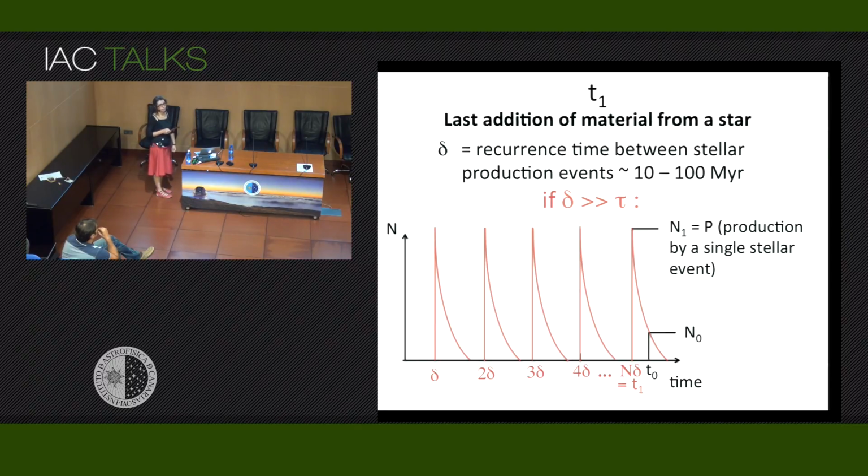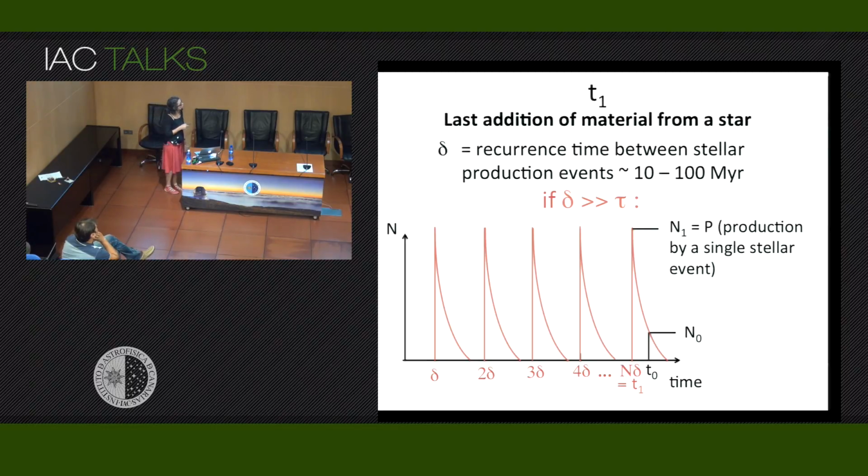We cannot measure an isolation time, but we can still measure the last of these events that contributed to the solar system matter. Say we have n of these events, so we have at some point the last event. This is my time 1 now, and here is N1, how much I produced. If the solar system was born at T0 here, again, I can compare N1 and N0 and measure this difference in time from the last event.